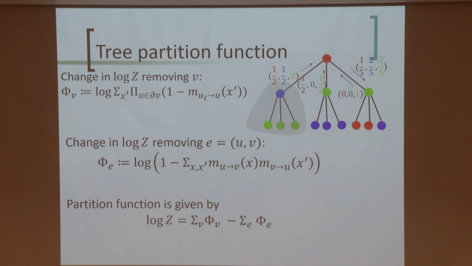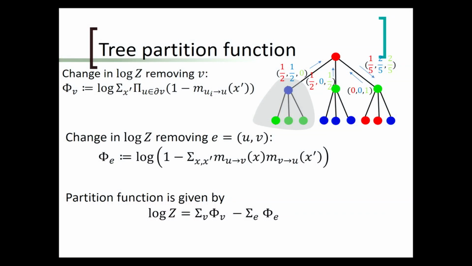Well, for each color you can say what's the probability that none of its neighbors were that color, add that up, and then take the log of that. Similarly, you can say what's the effect on the log partition function for adding in an edge, which will just be the log of the probability that the endpoints of the edge had different colors.